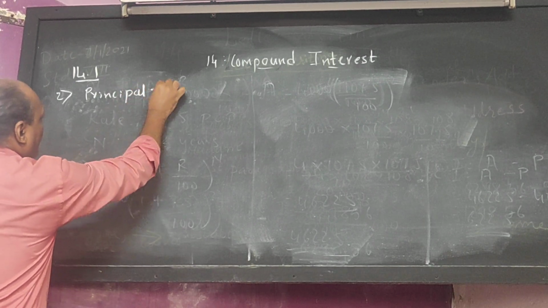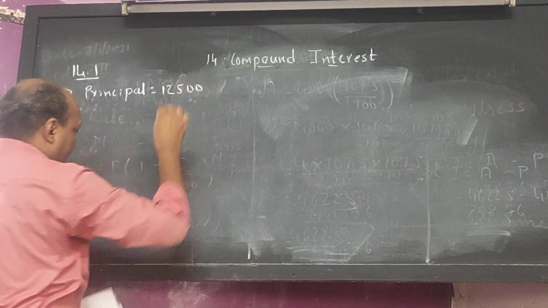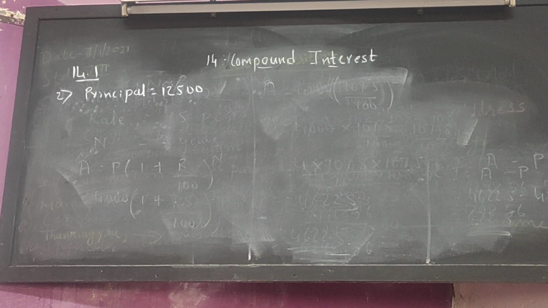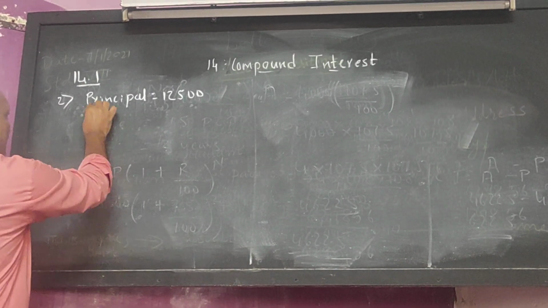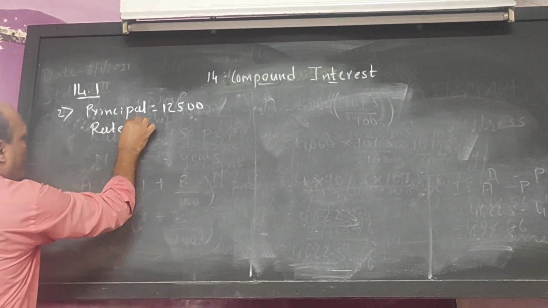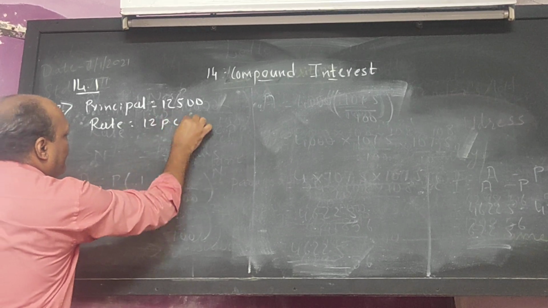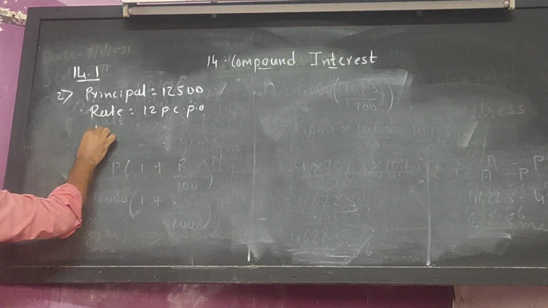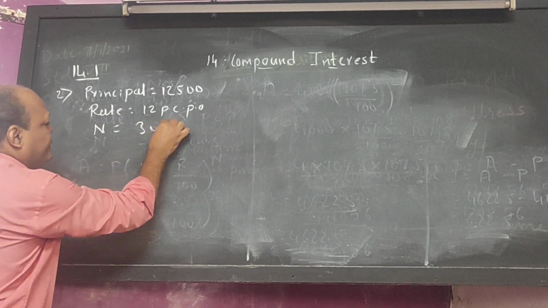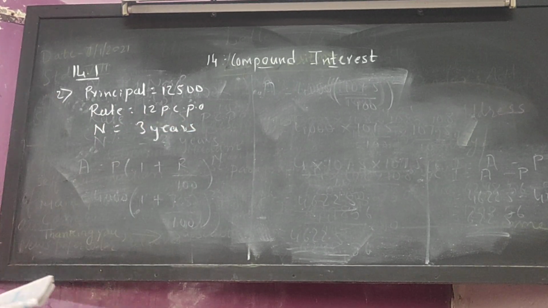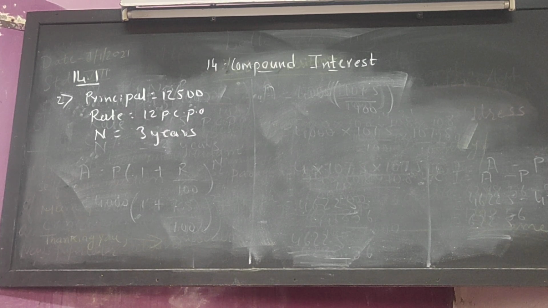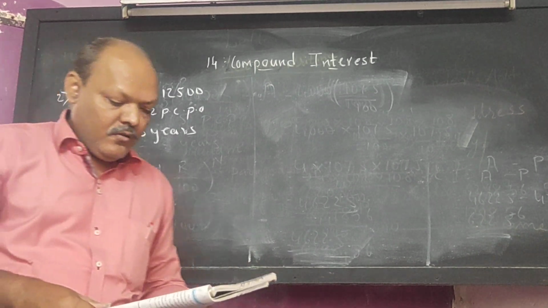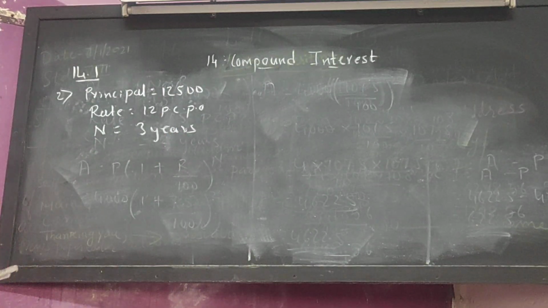Principal is equal to 12,500 at a rate of 12% per annum. That means R, rate is given to you, 12% per annum, for 3 years. That means N is given to you, 3 years. If the interest is compounded annually, then how many rupees did he pay to clear his loan?